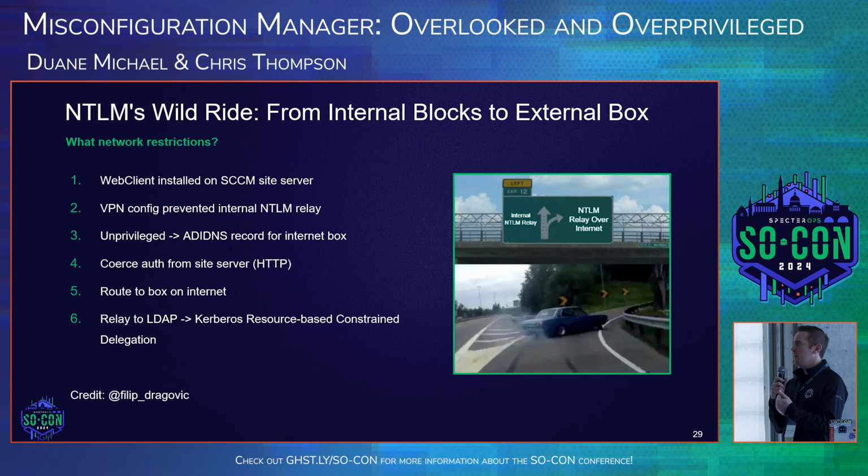Because they were on the VPN, they couldn't receive that traffic back from the site server after coercion. So they hosted a WebDAV server on the internet, created a DNS record for it, coerced authentication from the site server via web client, routed that authentication to their box on the internet, and then back through a tunnel to LDAP to conduct resource-based constrained delegation and take over the site server. So that was a pretty interesting one as well.